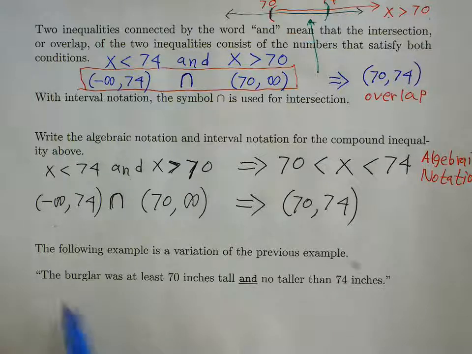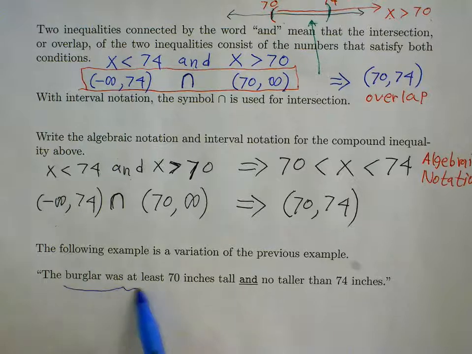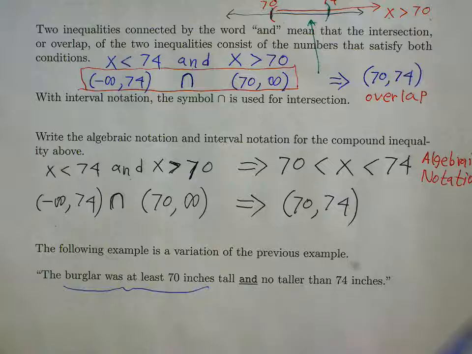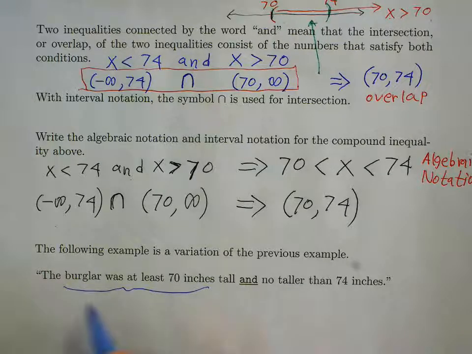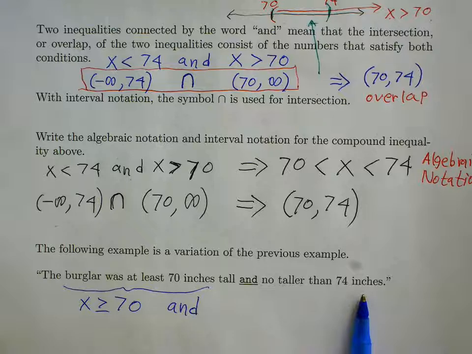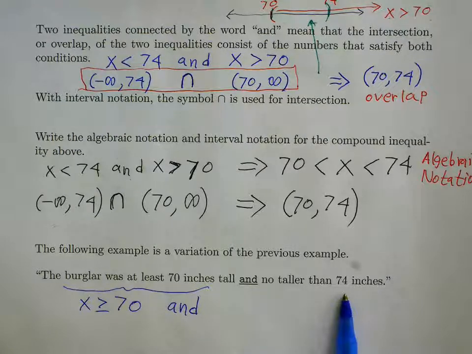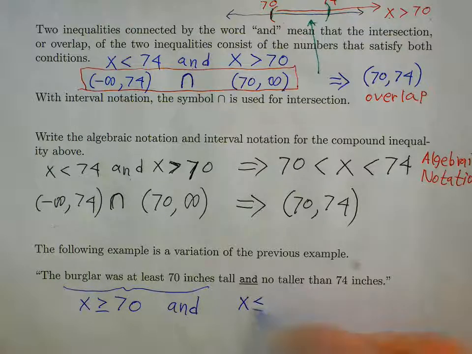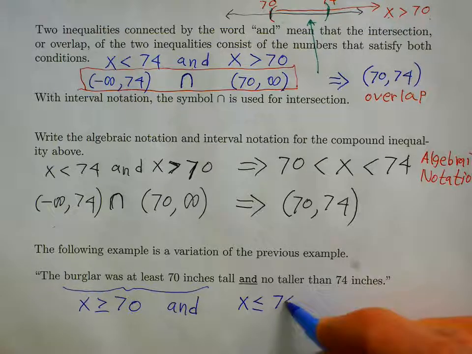So if we use x to represent the burglar's height, we could say x is greater than or equal to 70. And the burglar was no taller than 74 inches. So the burglar could have been 74 inches tall, but no taller. So we would say x is less than or equal to 74.